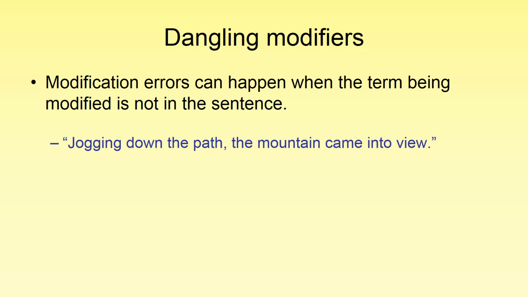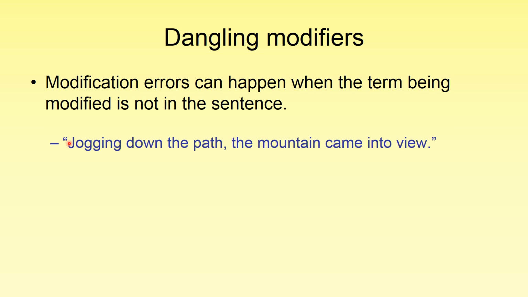Sometimes the term being modified in a sentence actually isn't there. This is a problem. This causes us to assume and sometimes latch on to a different noun. Let's take a look at an example. Jogging down the path, the mountain came into view. Okay, well, we can make some assumptions here.